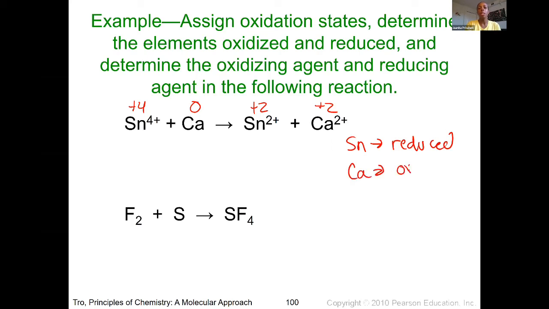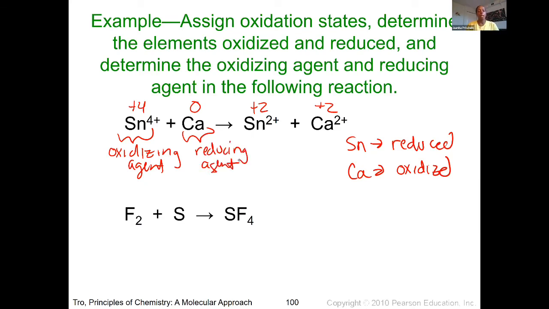It's being oxidized. So therefore, we would say that Sn4+ is working for calcium, so it's the oxidizing agent. And calcium is working for Sn4+, and so that is your reducing agent.